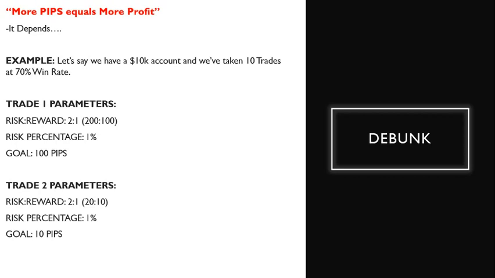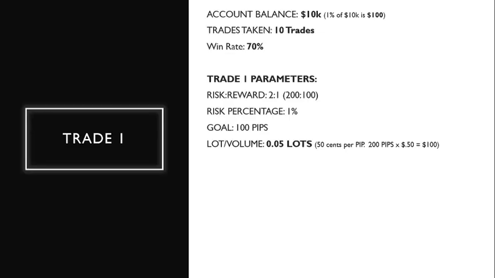So 2-to-1, if I'm going for 100 pips, what's my stop loss? 200 pips. If I'm going on trade 2, if I'm going for 10 pips, what's my stop loss? Yep, 20 pips, right? All right, so here's our first trade. Risk reward, 200 and 100. Risk percentage, 1%.